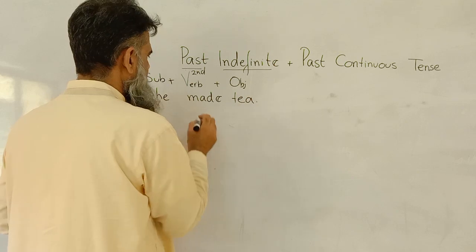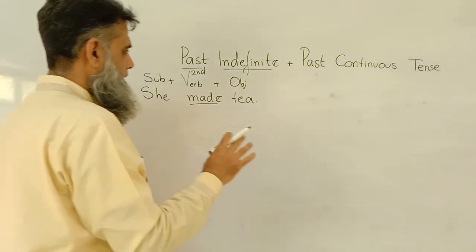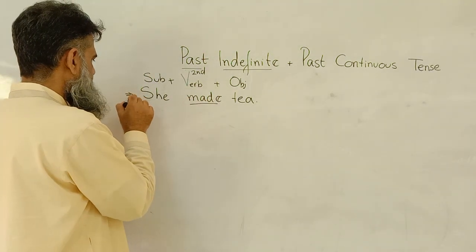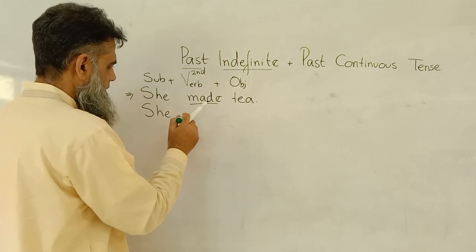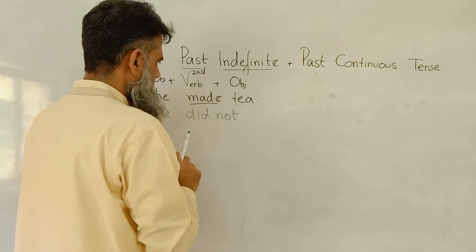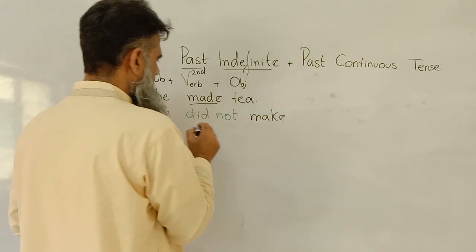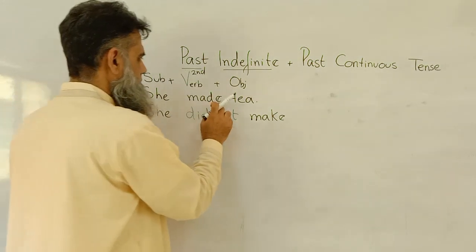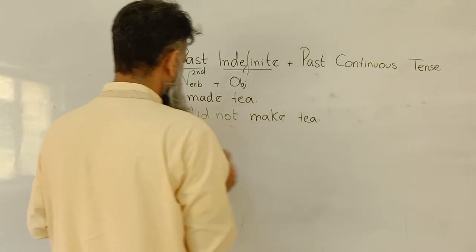Here we have made as the second form of the verb. She made tea. In negative, she did not make. Here we have the first form of the verb after did not. She made tea and she did not make tea.